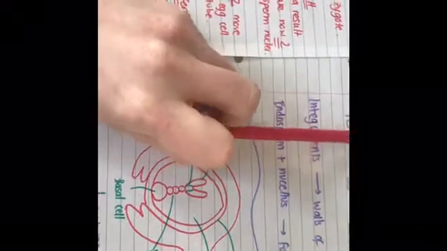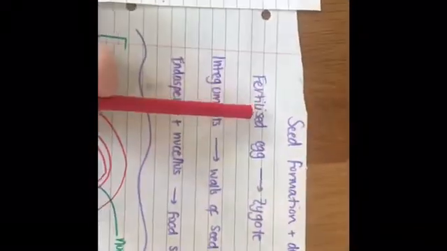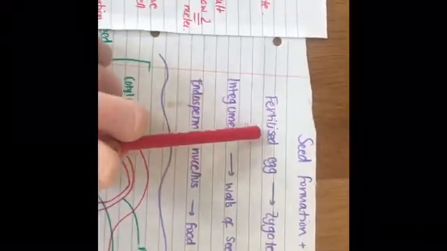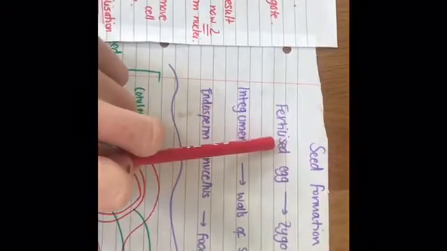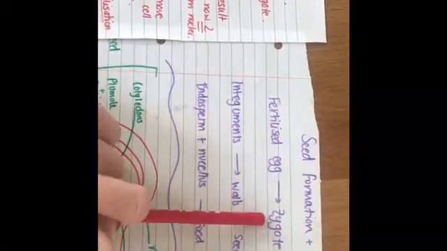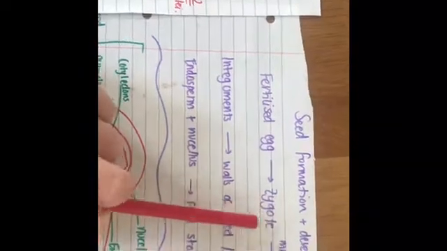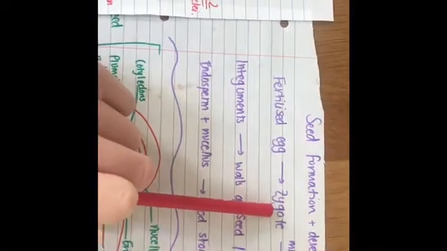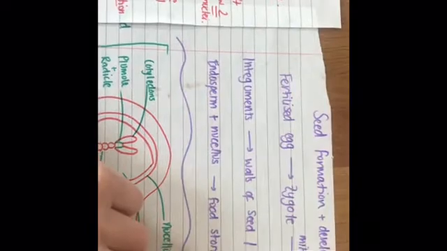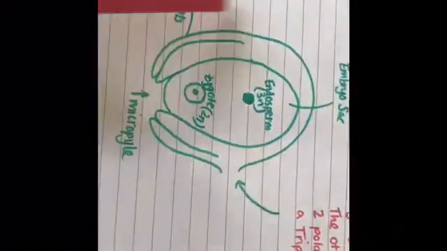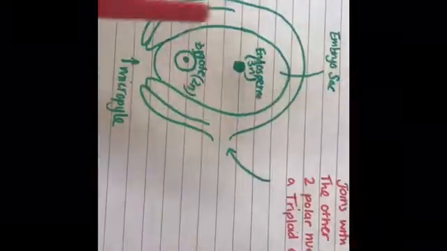After fertilization has occurred and we have the development of the seed further, the egg and the sperm nucleus have fused together, so it's now a fertilized egg or a zygote. As that zygote goes through mitotic divisions, it then becomes an embryo. The integuments that we had on the outside here, they will now harden and become a brown layer that is outside of the seed.